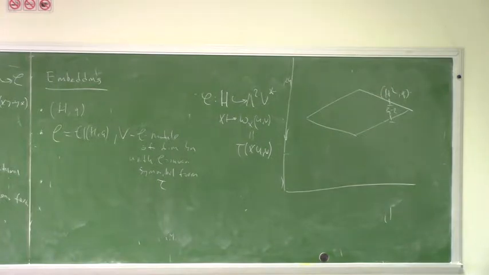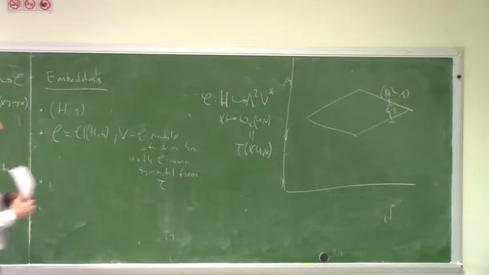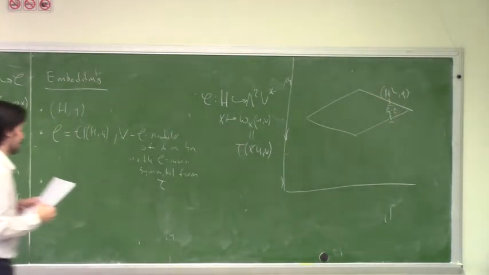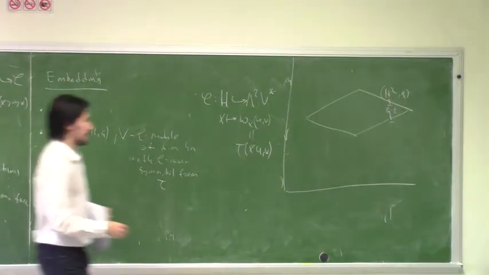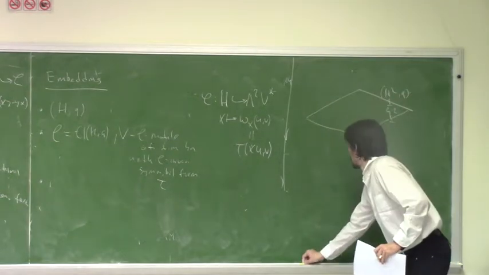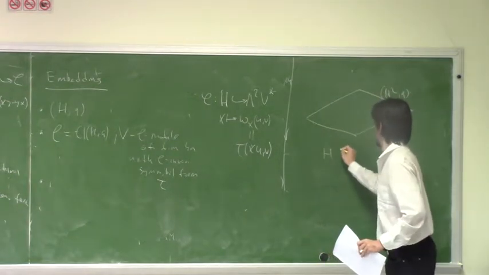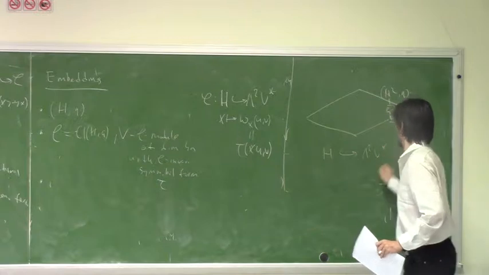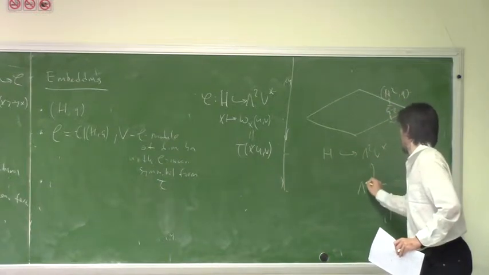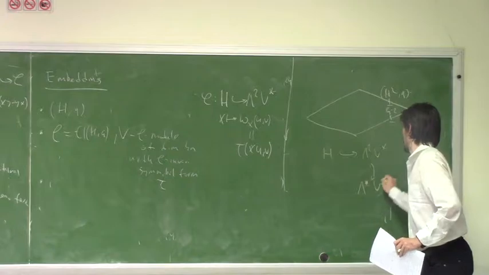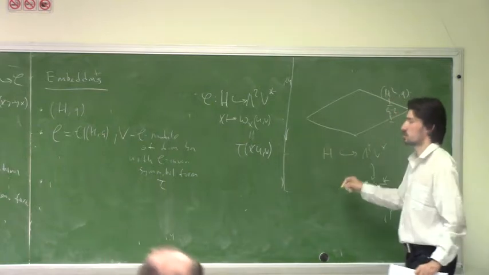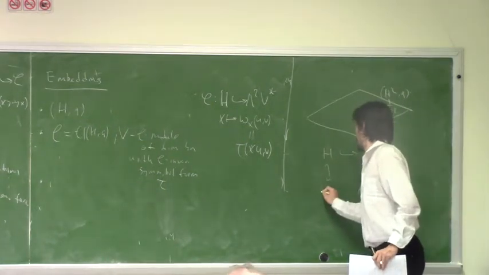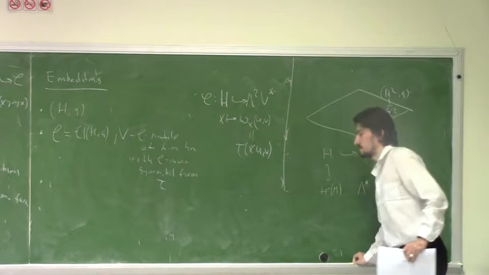the natural question: what is the image of H in this lambda 2 star? So we have H, and it embeds into lambda 2 star. H, the second homology, is part of the whole homology algebra of the hyperkahler manifold.